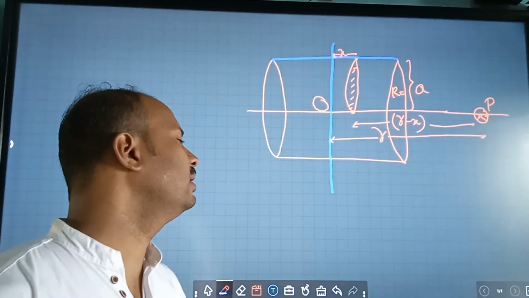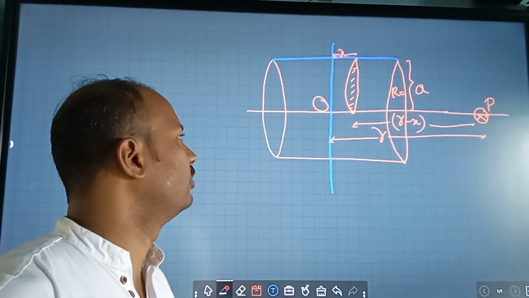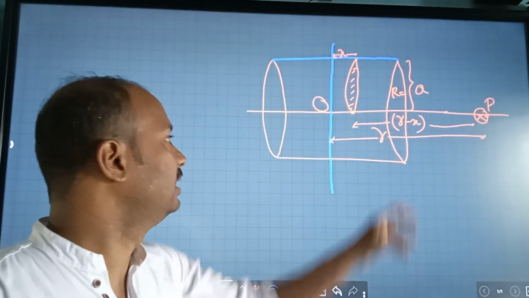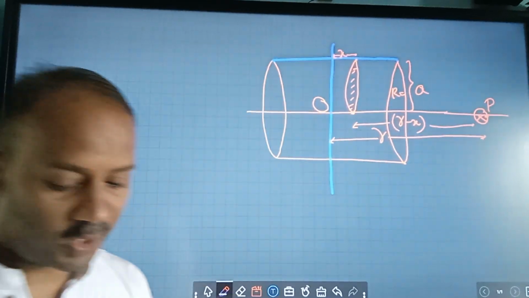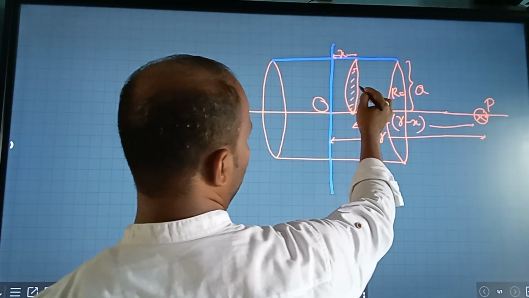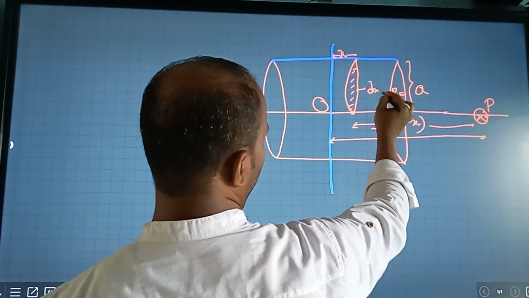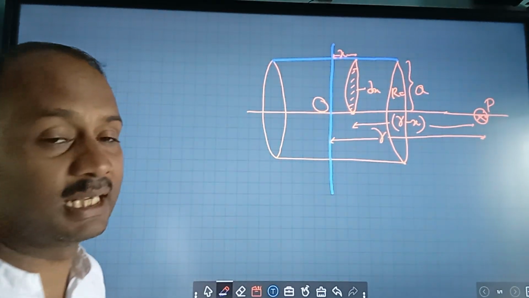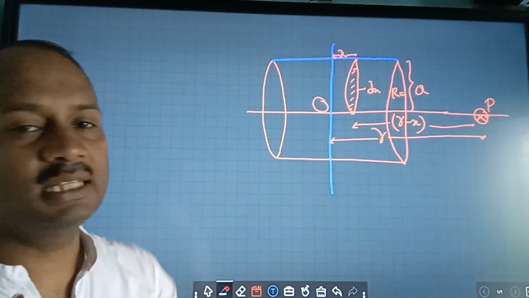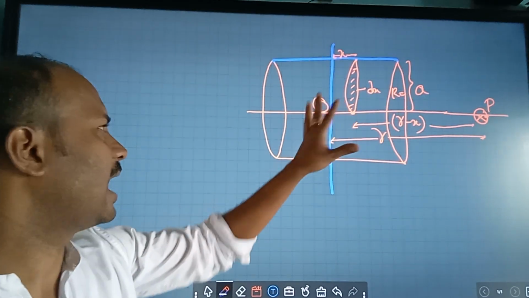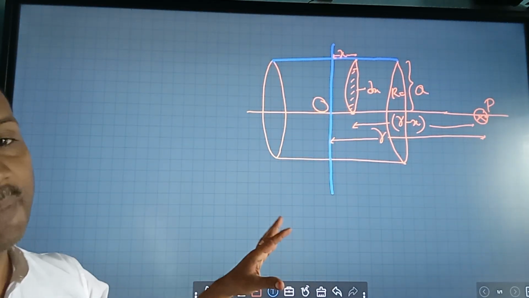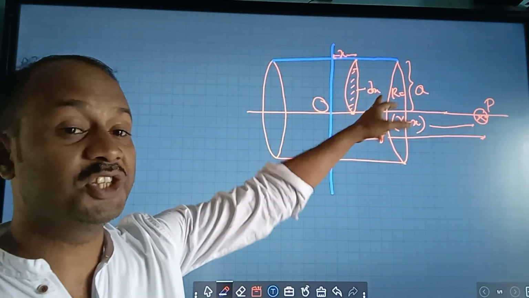If anyone asks you what is the number of turns in this part of the coil? The length of this small segment is dx. Now, what are the number of turns in this small segment dx?